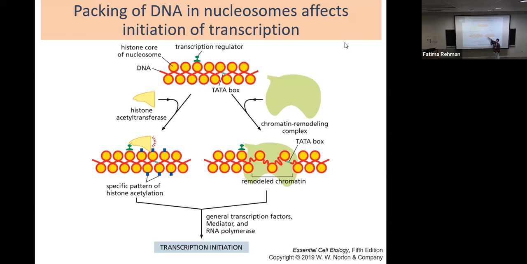Because if you remember, acetylation can also leave you a more open conformation sometimes. And those have to be specific acetylations that happen along the genome. And those are going to be done by a particular protein called histone acetyltransferases. And those do exactly what they say they do. They transfer an acetyl group to a histone in order to create a more open conformation.